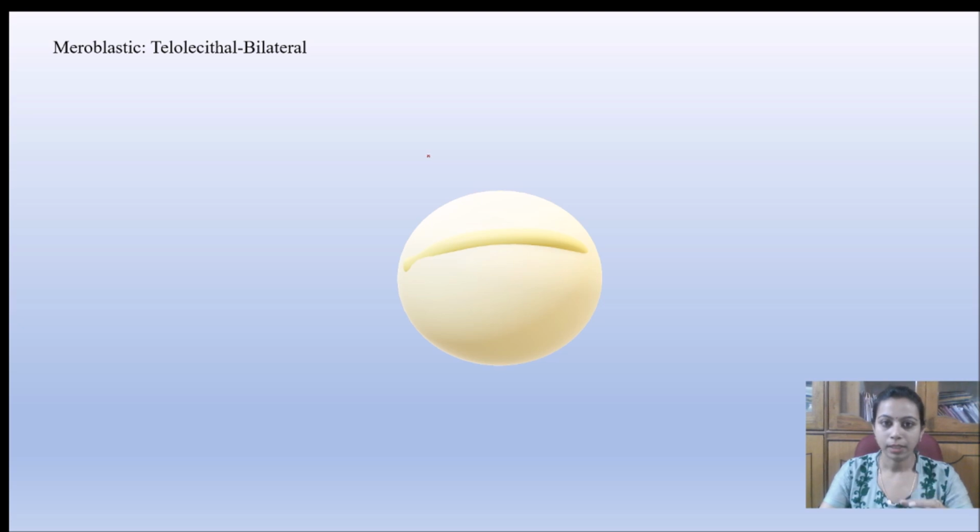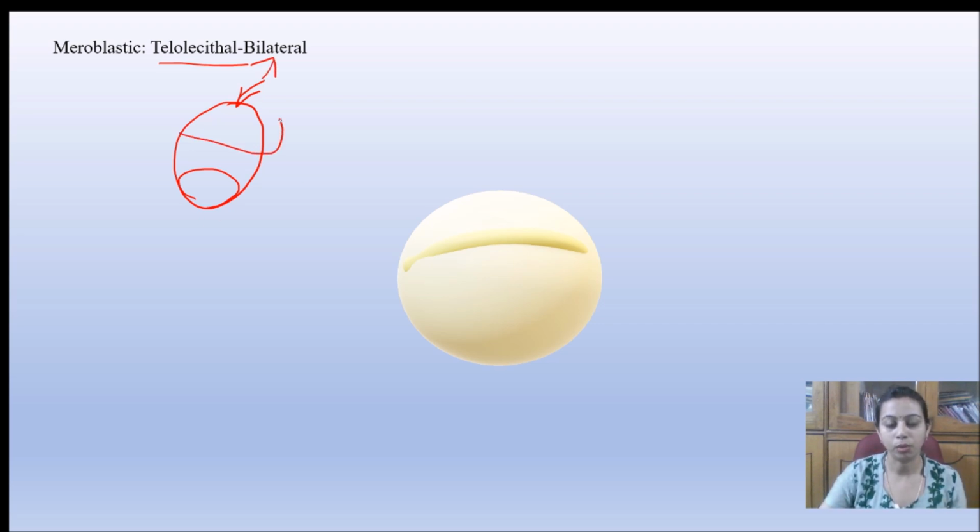Such types of cleavage take place in the case of telolecithal. Telolecithal means the yolk is distributed towards a terminal side, and the side having the yolk is known as the vegetal pole, and the other side is the animal pole. So here also bilateral type of cleavage will take place, similar to holoblastic, but the difference is that the bilateral cleavage will be restricted only toward the animal pole, or the upper region.